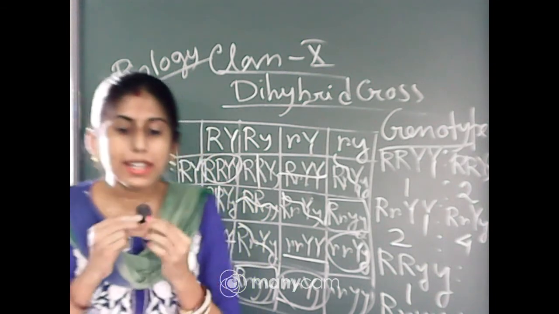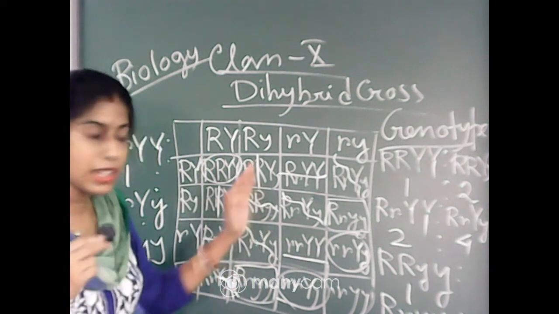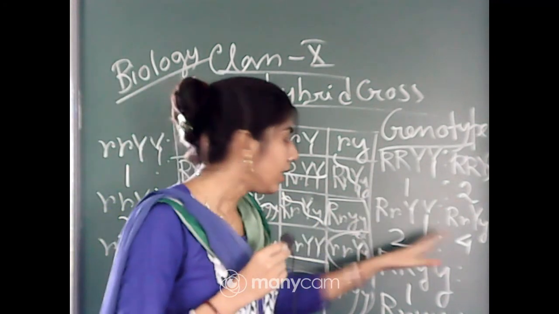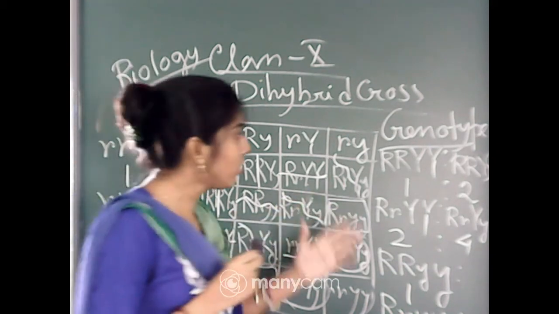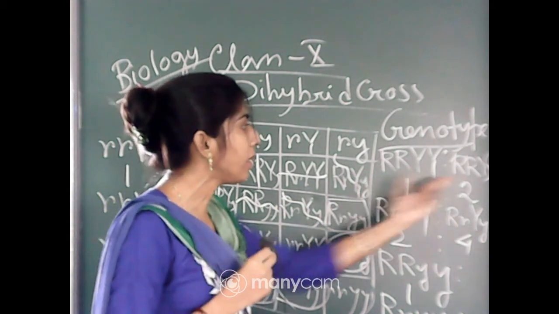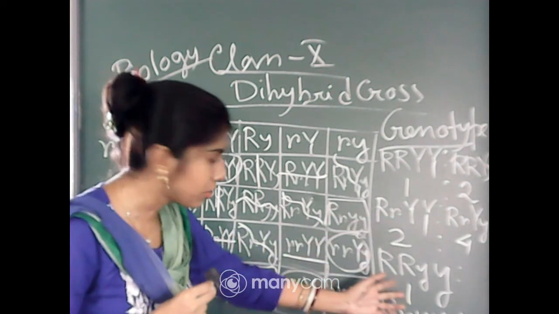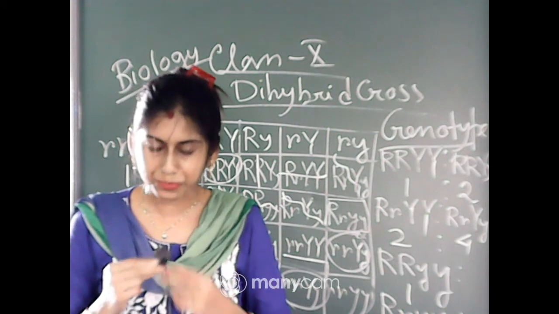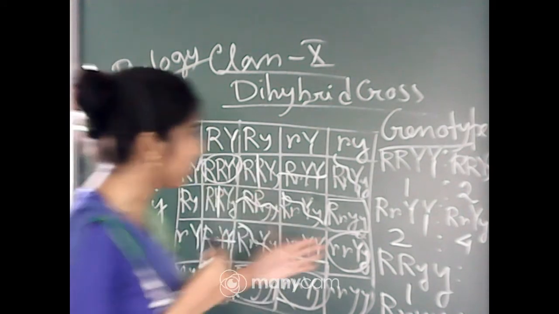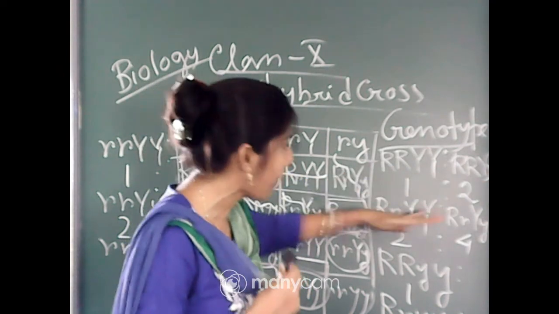So you are saying no. Yes, if I say only the numbers, the answer will be wrong, because I don't know what genotype you have considered. You may consider this one first, this one second. So your ratio and my ratio will not be the same. So always write down the parameters also.